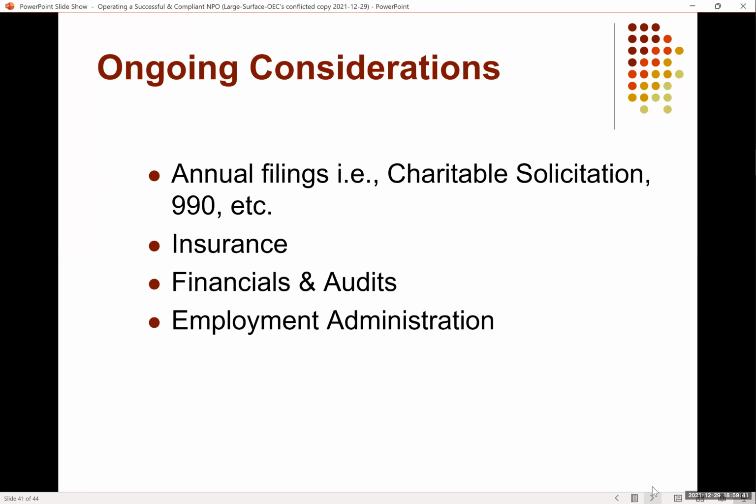You're in business now. So not only do you probably want to pay yourself, unless you're going to be volunteering for a while, you want to get insurance. Especially if you're working with children, make sure you're covered. Financial audits: make sure your financial records are aligned with typical general accounting practices.